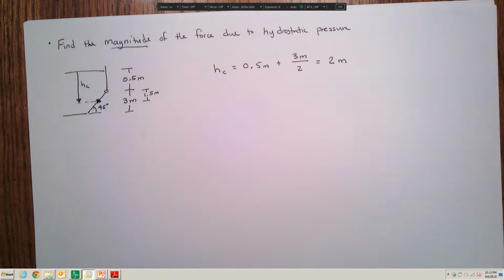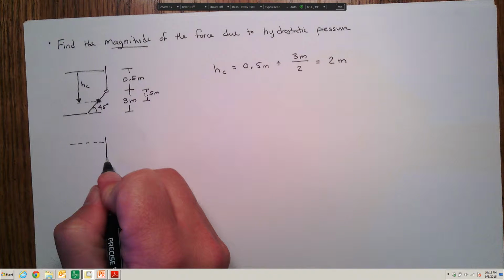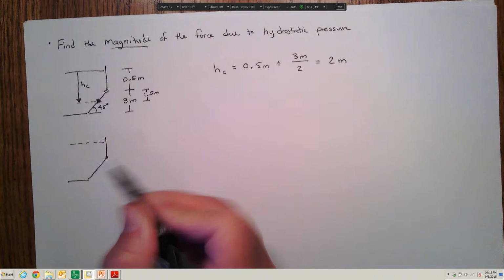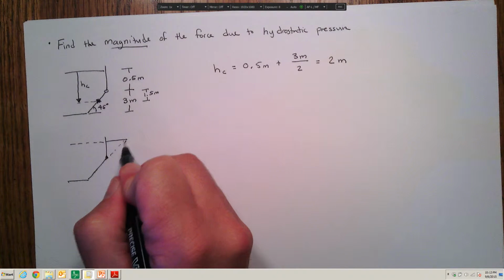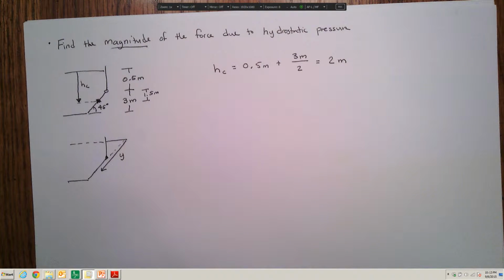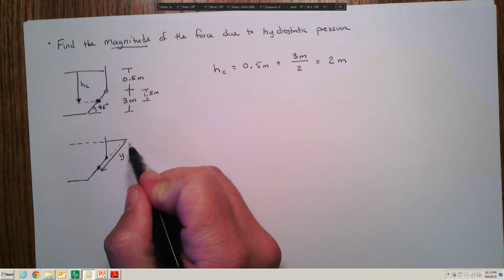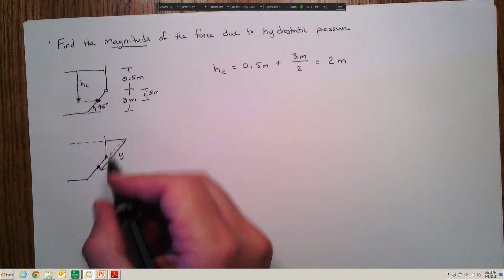Now, looking forward, when we determine where the center of pressure lies, we're also going to need to know the distance along this tilted y-axis to the centroid. To find where the center of this gate is located along this tilted y-axis, we can again use some geometry.